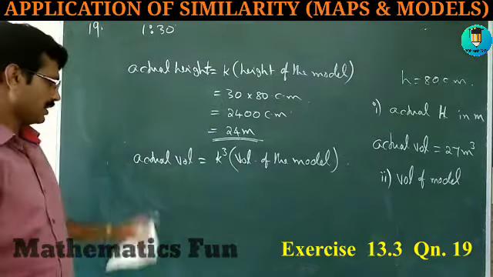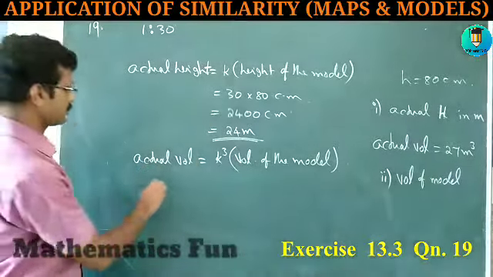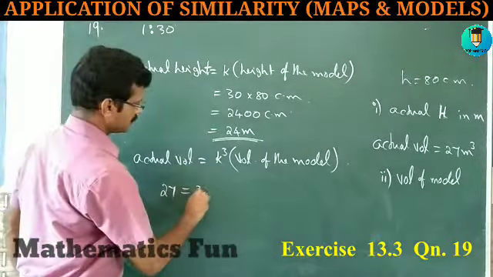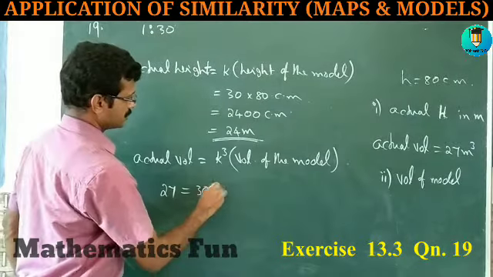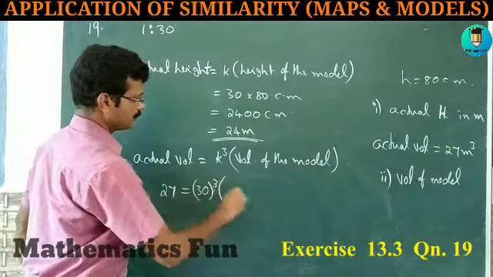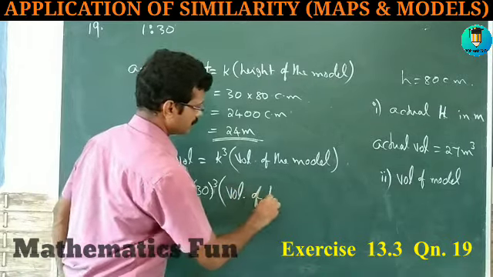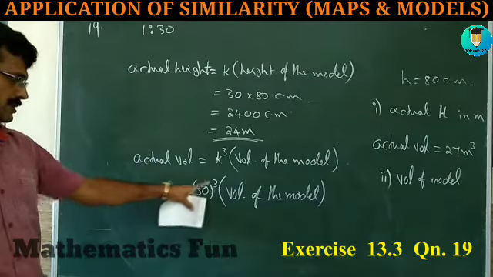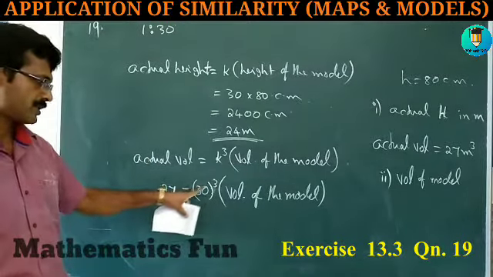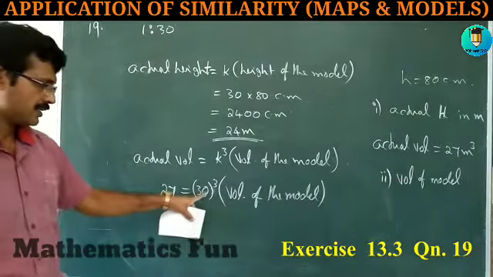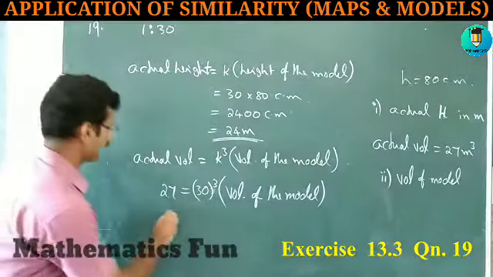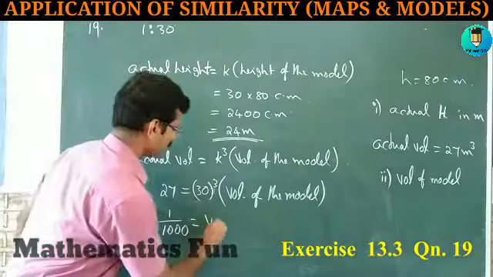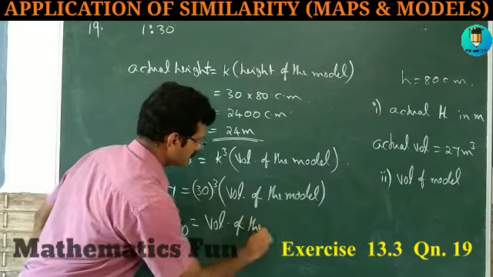Here I will substitute actual volume, given as 27 meter cube, is equal to K cube, that is 30 cube, into volume of the model. 3 cube is 27, so 27 will cancel here, and what is left over, 1000, will come here. So 1/1000 is equal to volume of the model.